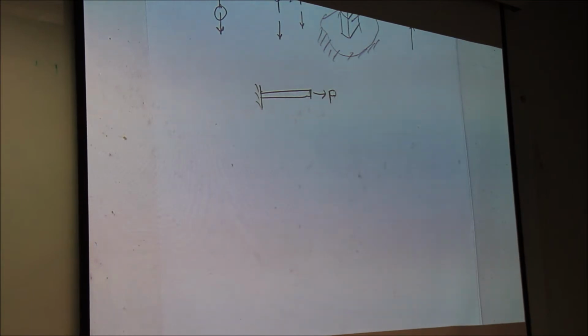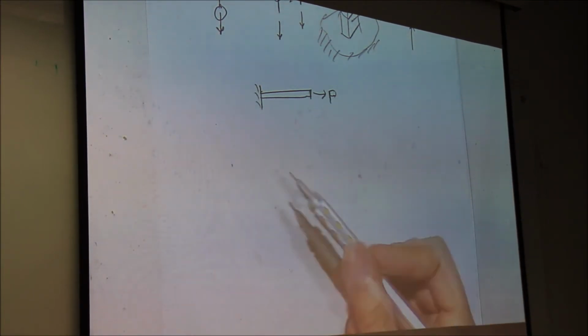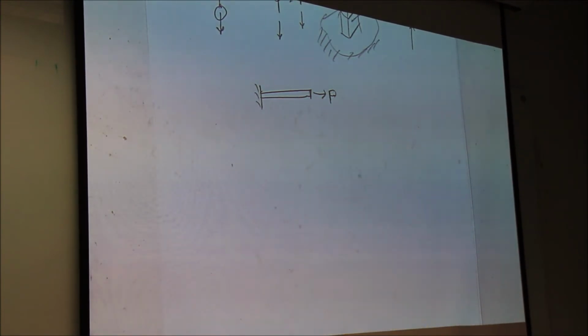And my question is, what force is the bar feeling? Or a more easy way to think about it, what force is the wall feeling? We know from Newton's third law that every action has an equal and opposite reaction. Every force has an equal and opposite force attached to it.